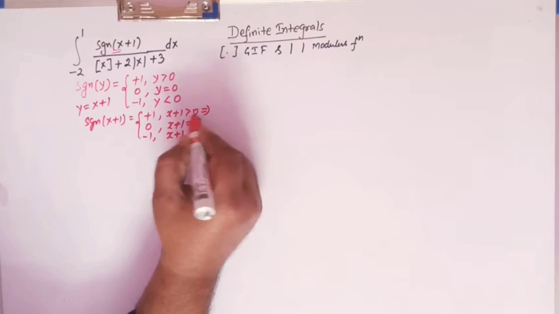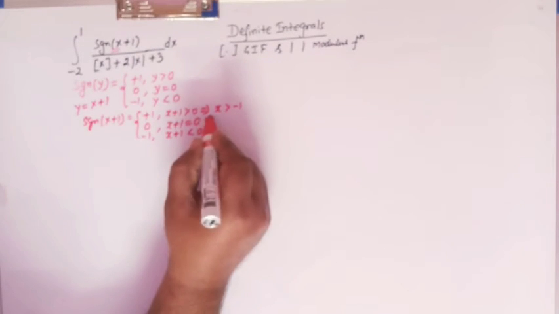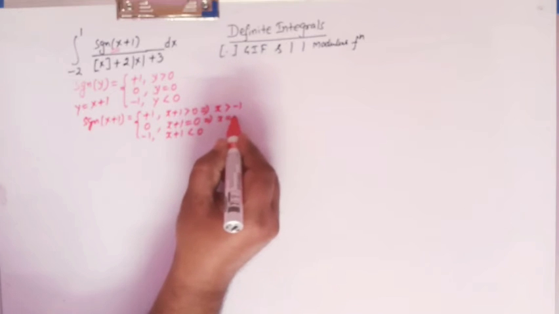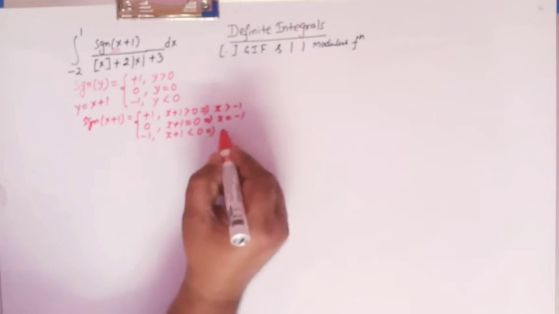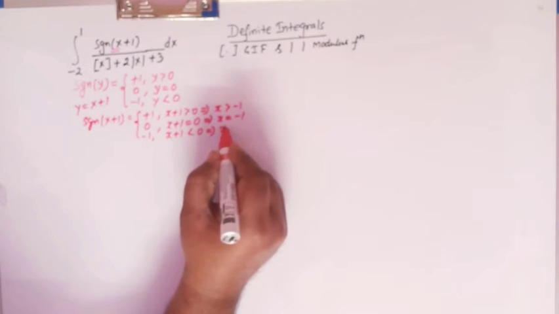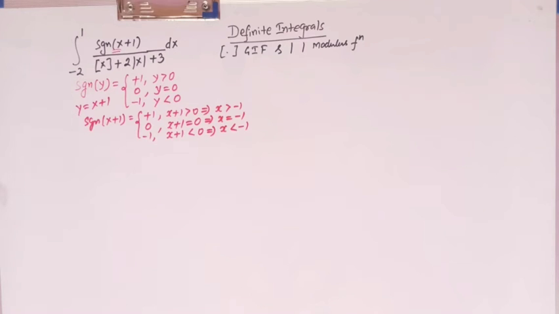Now this inequality gives us x is greater than -1, this equation gives us x equal to -1, and this one gives us x is less than -1. So this is about the signum function.